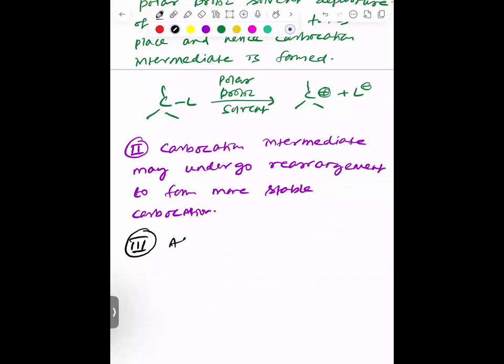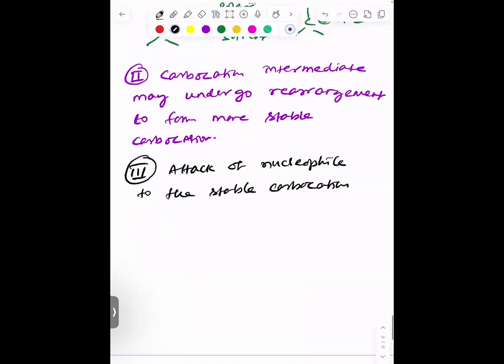Attack of nucleophile to the stable carbocation center to form the product.